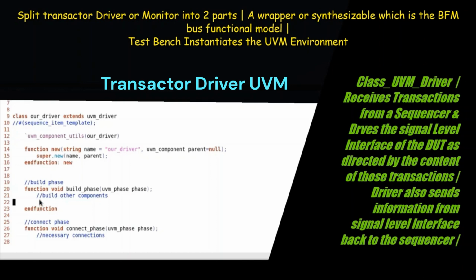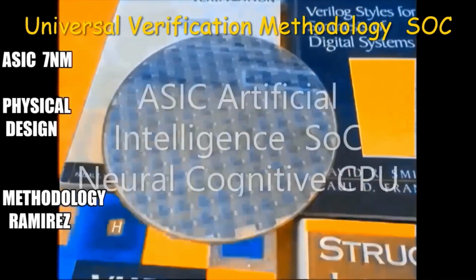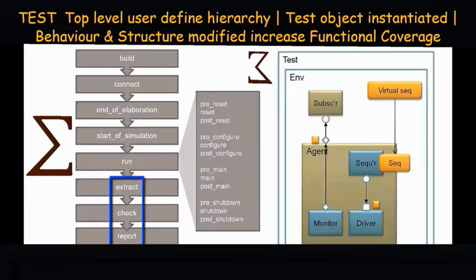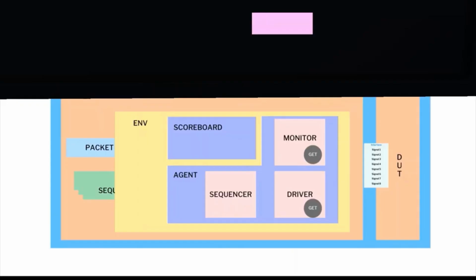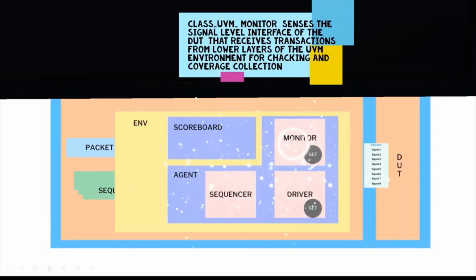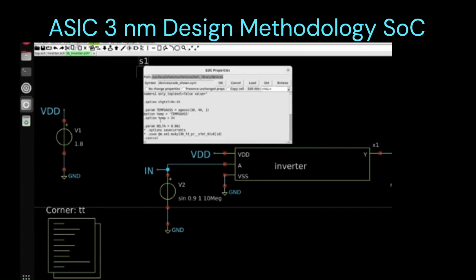This means splitting each transactor, that is the UVM driver or monitor, into two parts: a lightweight proxy or wrapper that continues to run on the host, and a synthesizable part, which is the BFM, or bus functional model, that runs on the box and wiggles the pins of the device under test, the DUT.